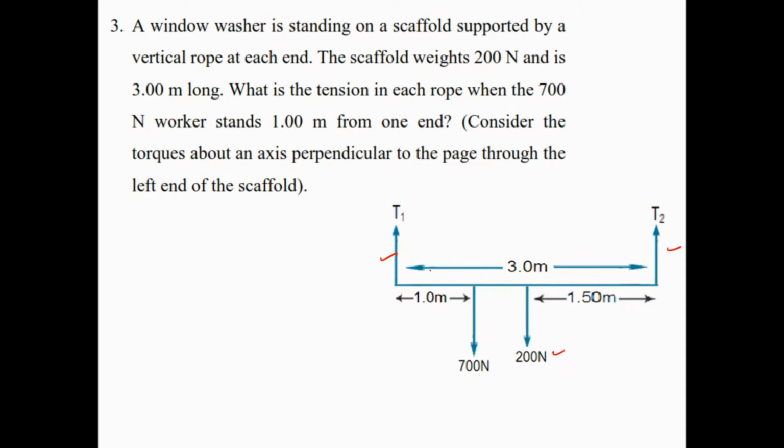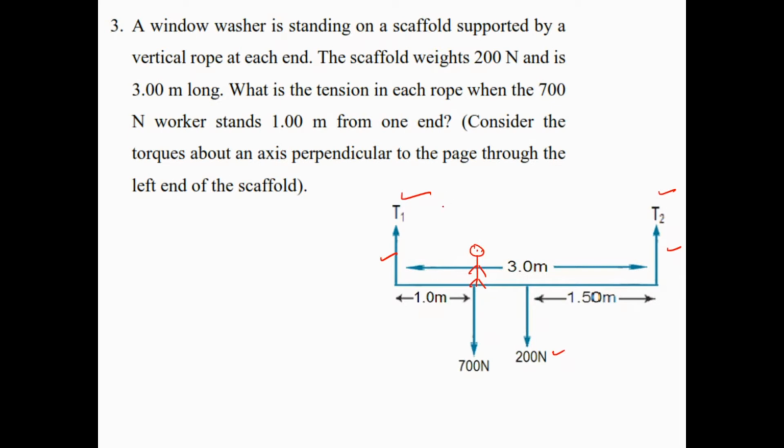If you see this diagram, from the left hand side end of T1, 1 meter away, the worker is standing here. So what we are going to do is find the tension for both ropes. For that, first of all, we have to identify.